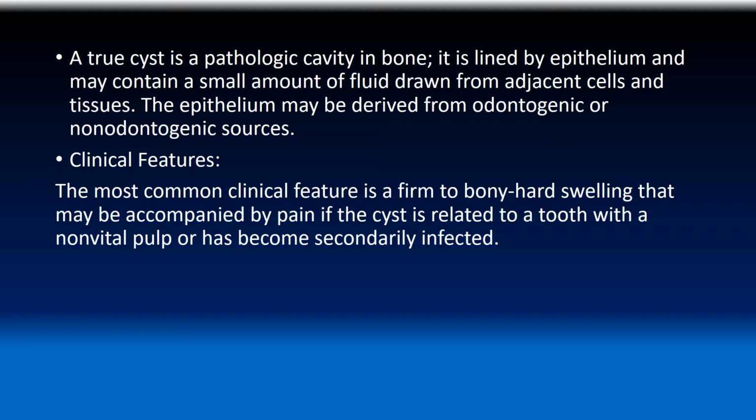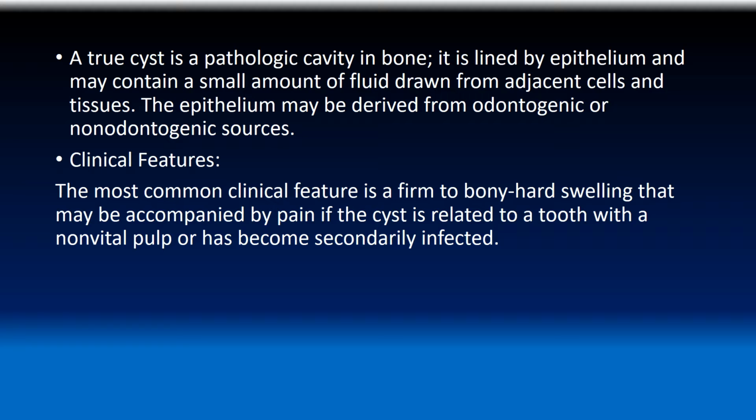Clinical features of cysts of the bone. The most common clinical feature is a firm to bony hard swelling that may be accompanied by pain if the cyst is related to a tooth with a non-vital pulp or has become secondarily infected.